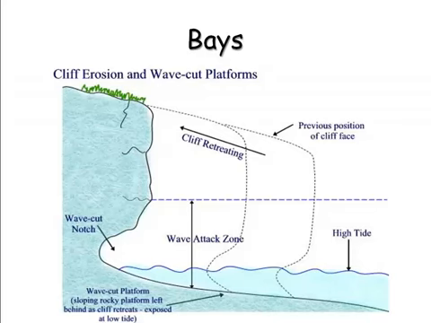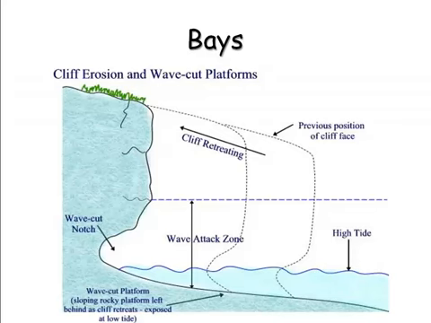In fact, again, this should be GCSE level. The wave attack zone is fairly obviously the bit that is attacked by waves, which is, you'll notice, higher than high tide. Potentially this includes the very biggest storm waves, but the entire section of cliff that gets attacked by waves at any stage gradually wears back, and you get a wave-cut notch, this bit where the cliff is actually being undercut.